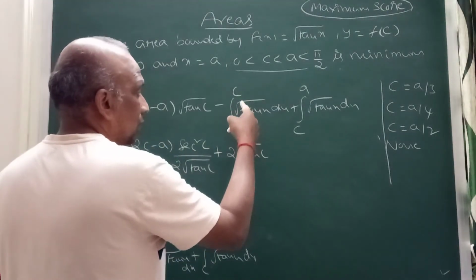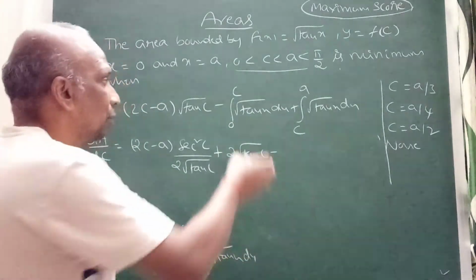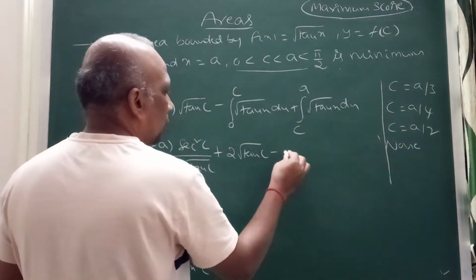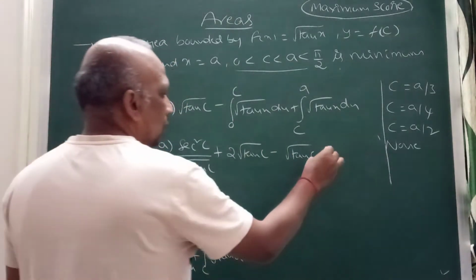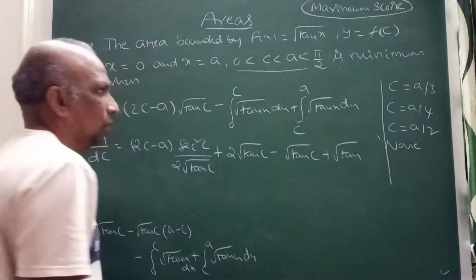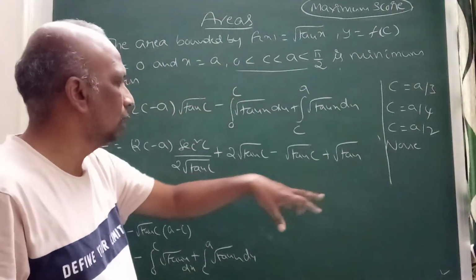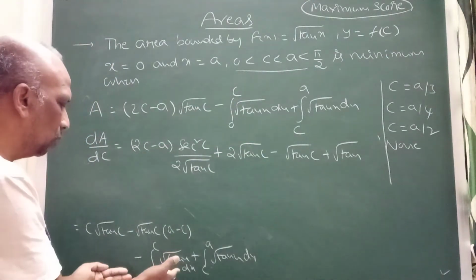If you convert this one, apply Leibniz rule, this will become root of tan C, plus this will become minus 0 to root tan C.